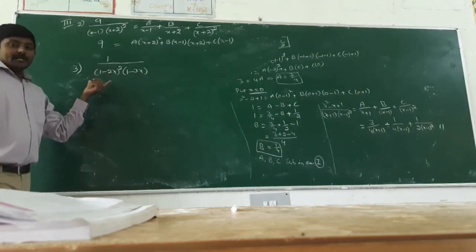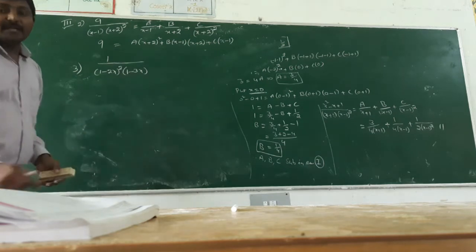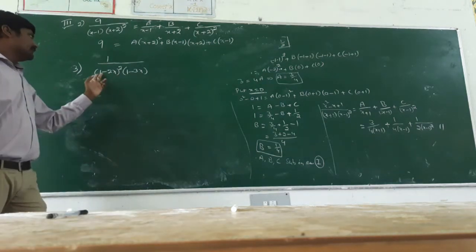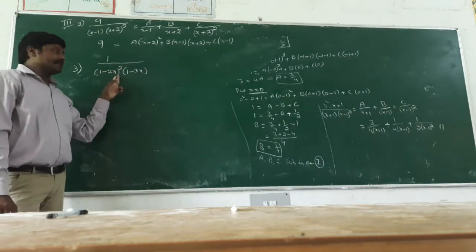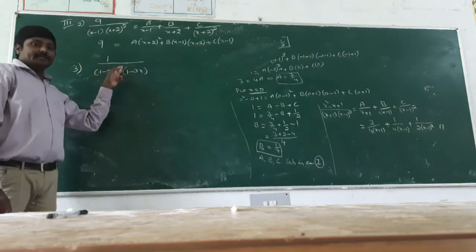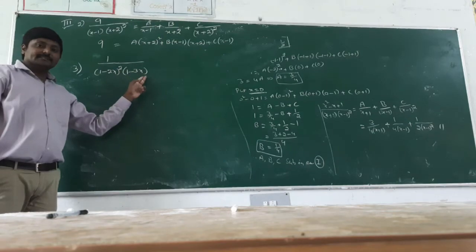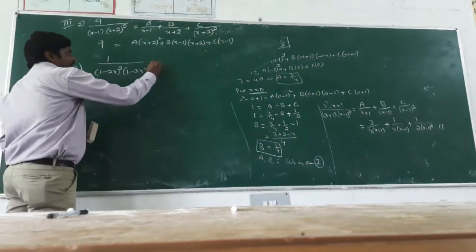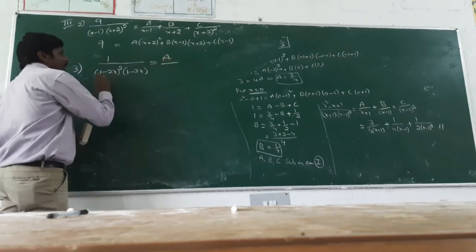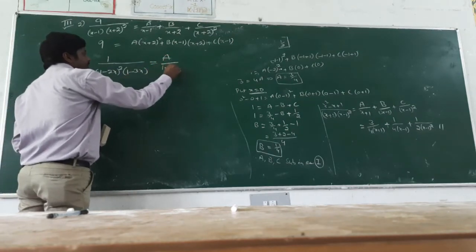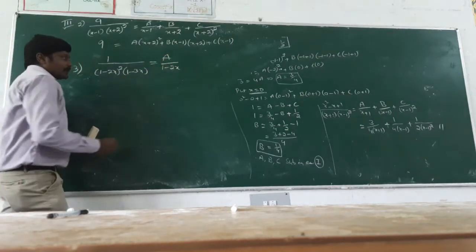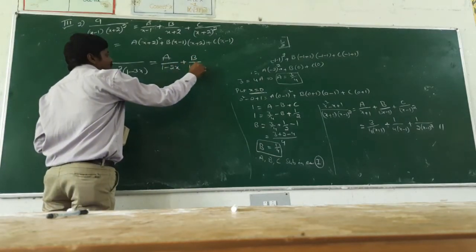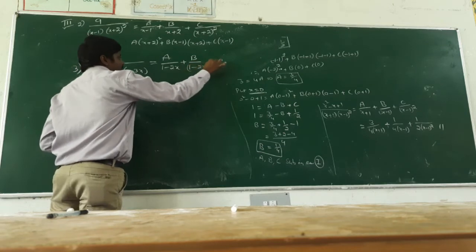And next observe the factors of g values. 1 minus 2x is a linear factor, but with power 2 it is repeated 2 times, but 1 minus 3x is a non-repeated linear factor. That's why we take a by 1 minus 2x plus b by 1 minus 2x whole square.